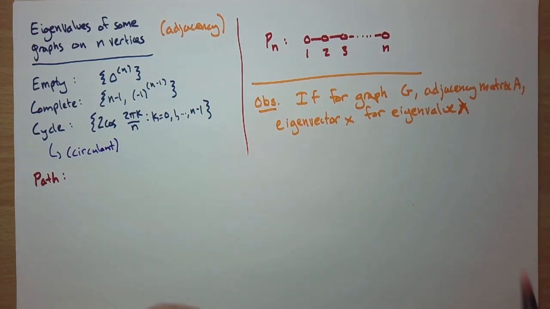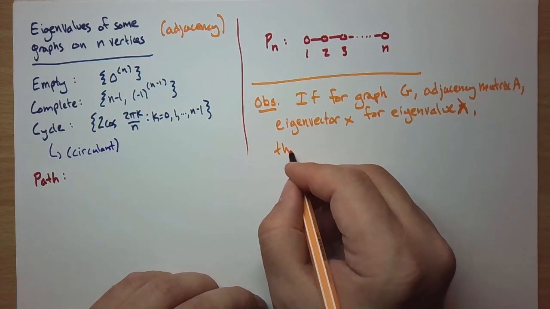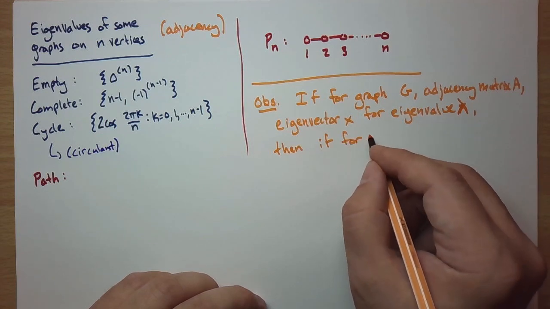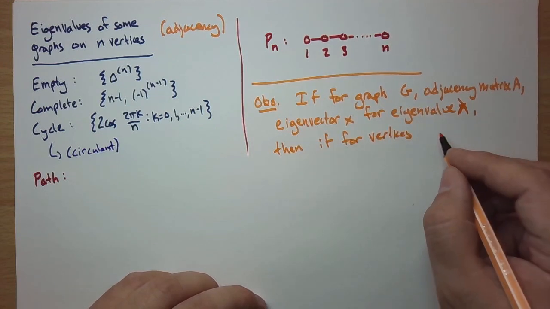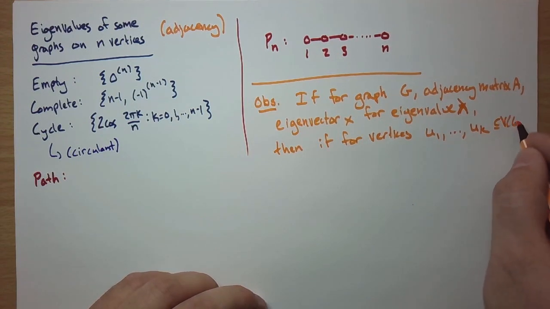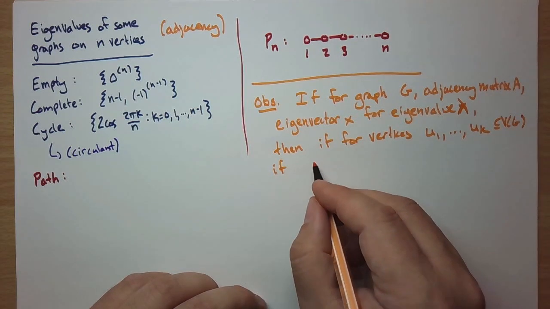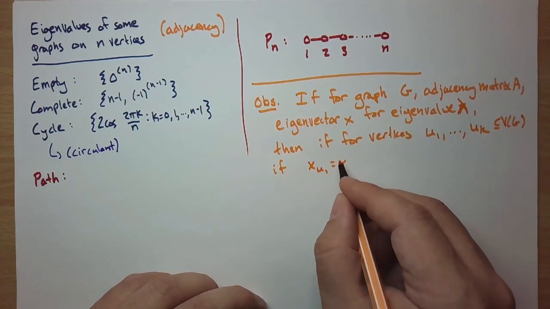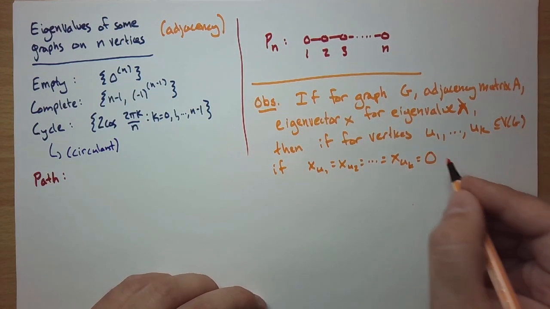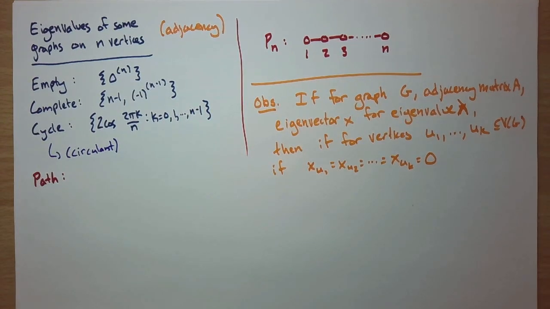All right. The conclusion is, then, if we look at the vertices, and there can be any number of these, U1 up through UK, which are subsets of our vertices of G, if X sub U1 and X sub U2, all of these happen to be 0. So in other words, I have entries in my eigenvector which are 0. They can't all be 0, because then it's not an eigenvector. But sometimes you have an eigenvector with lots of entries which are 0.